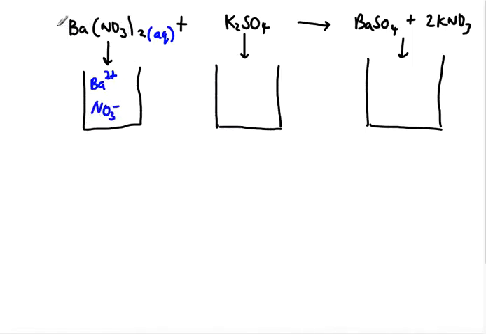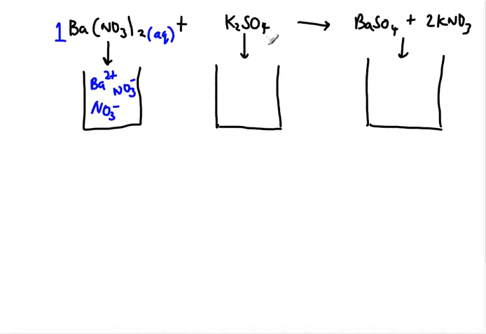And for every one of these, there are going to be 2 nitrate ions. Okay, so you can see I've broken this up, and it's like a little mini balanced equation. The barium, there's 1, and the nitrate, there's 2. So if you were to zoom in on a solution of barium nitrate, what you would see is the barium and the nitrate ions in a 1:2 ratio.